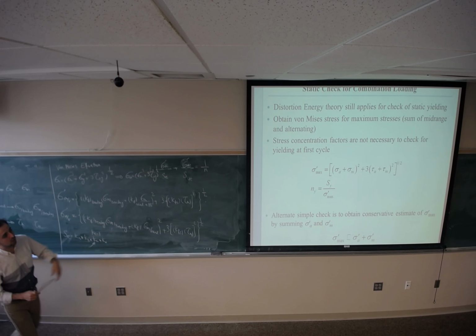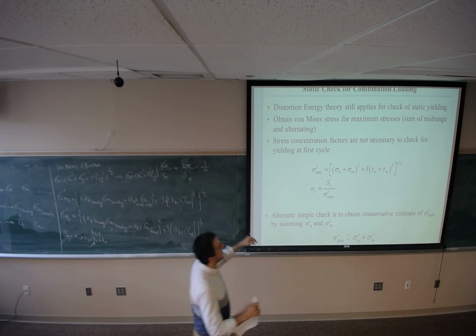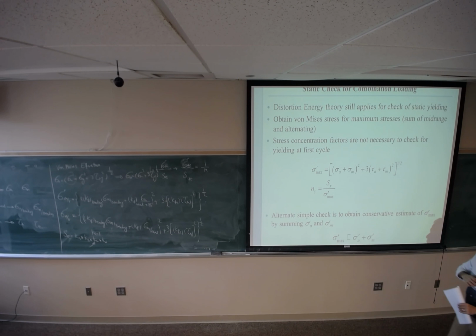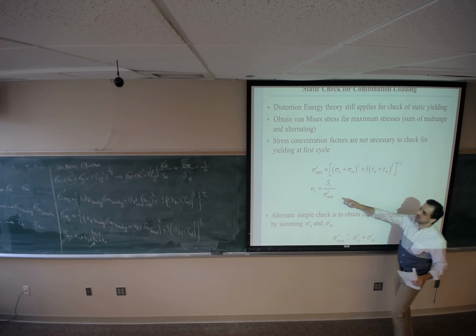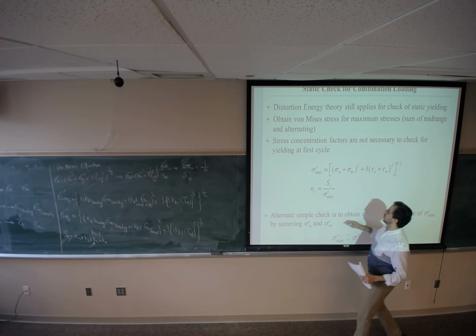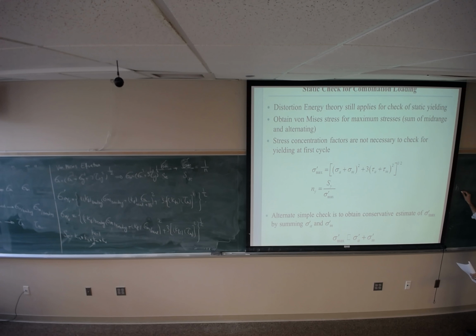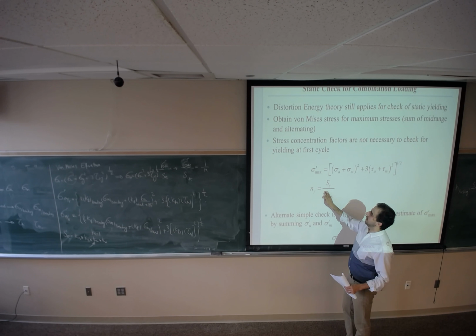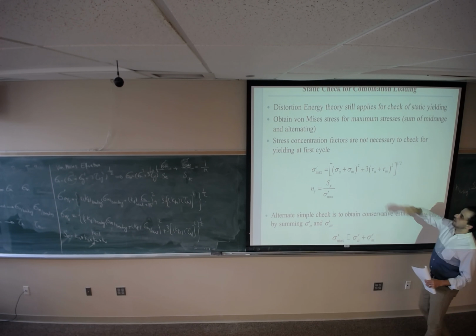Before we go through that example, for the combined loading, if we want to test or find the factor of safety against yielding, we should divide Sy by one term, and that term of stress is coming from this.